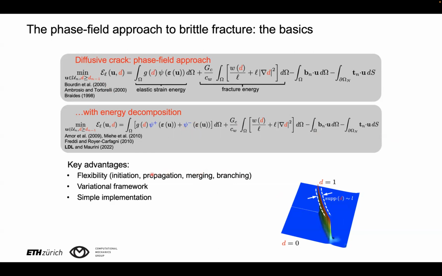So you can deal with arbitrarily complex crack topologies without any extra ingredients which are meant to lead to the expected results for merging, branching, and so forth. So there is a great flexibility, which is kept also when going from 2D to 3D. The framework has mathematical advantages connected to its variational nature. I don't have time to expand on this aspect, and implementation is very simple, even in 3D.